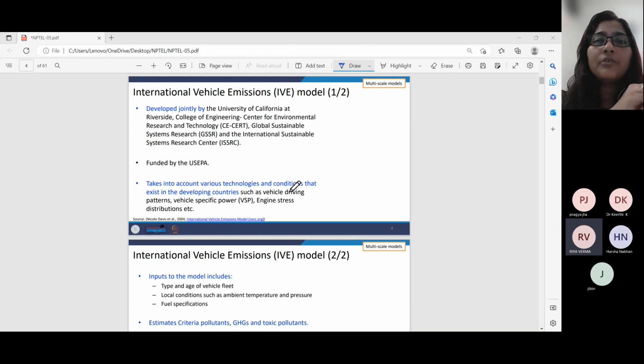For example, what kind of vehicle you are using. Are you going for an electric vehicle, or whether it's a petrol or diesel vehicle? Because every vehicle has a different kind of emission. And since we all know that electric vehicles do not generate any kind of emissions, but that doesn't mean that they don't harm the environment. Because in the Indian scenario, for our generation of electricity, we are largely dependent on thermal power plants and other kinds of power plants.